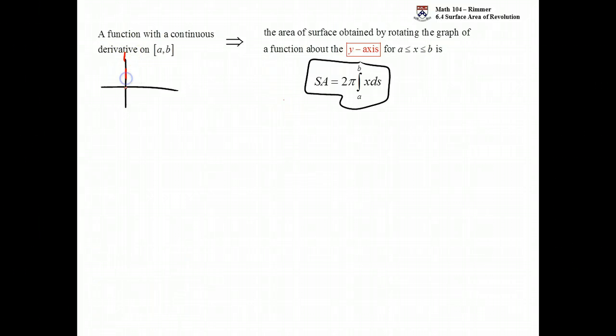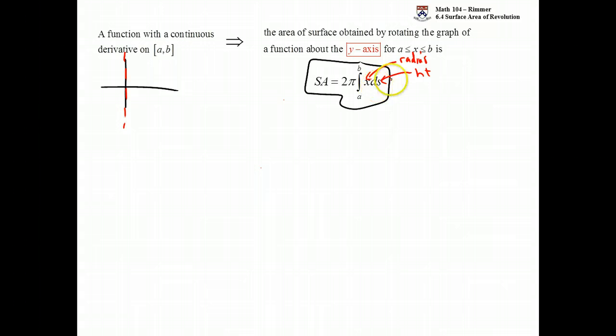then you've got your function, either y is f of x or x is g of y or something like that. It doesn't matter how the function comes at you, but your radius at that point will be x. So this here is the radius, and this symbol here, ds, is essentially the height.